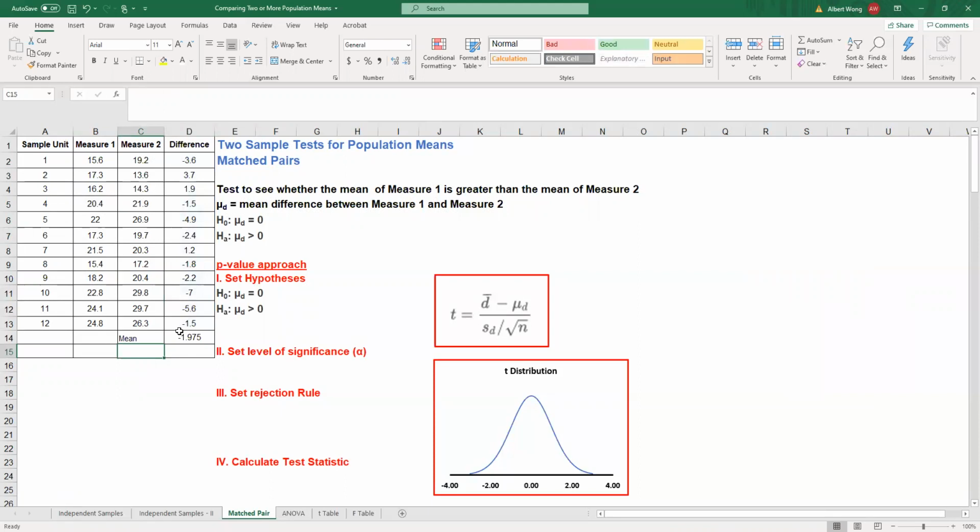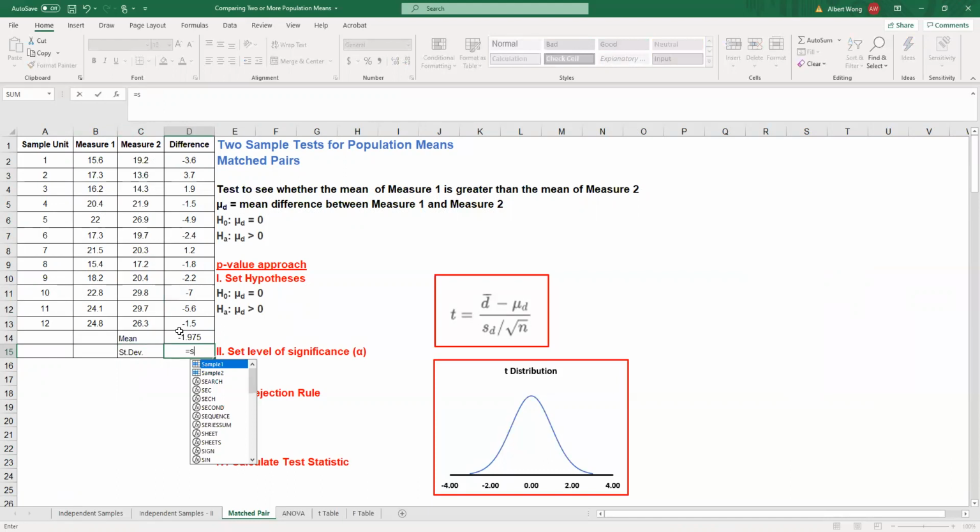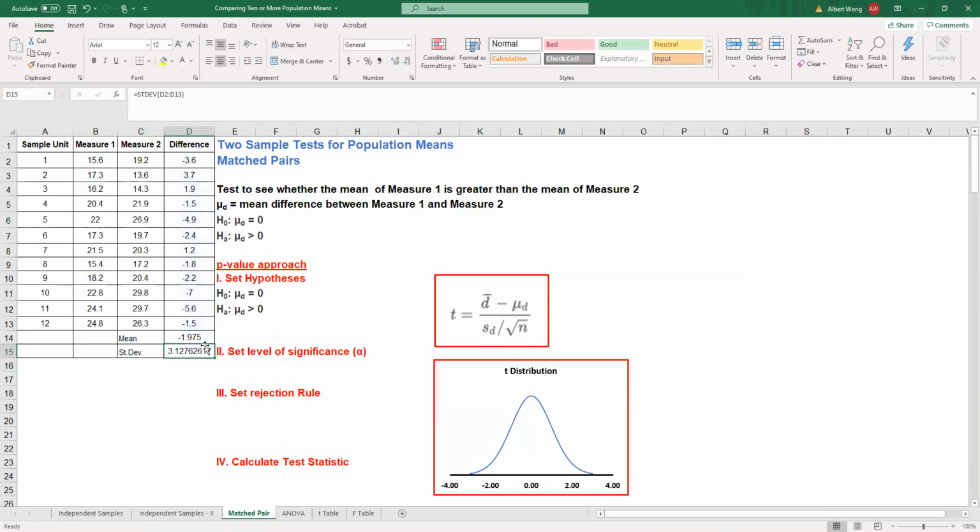And then we would take the standard deviation, which again is STDEV, D2 to D13. I'm sorry, the typing is not good. And now let me just use 3 decimal places.